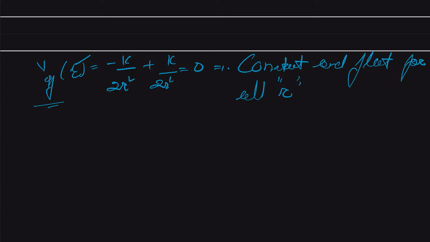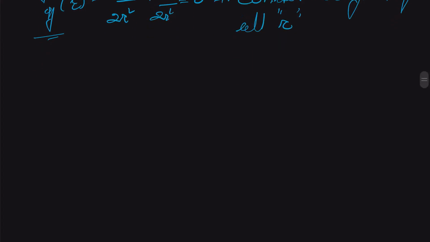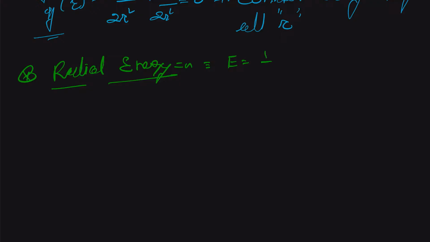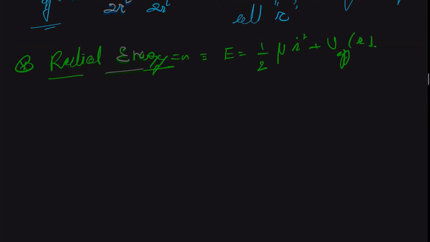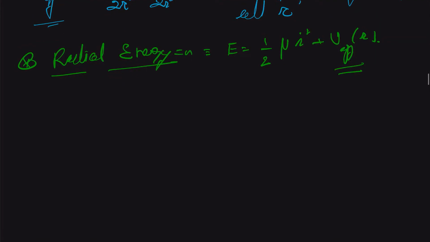Now we can use our radial energy equation. The radial energy equation is E equal to half mu r single dot square plus V effective at a distance of r. And as we said, our V effective is equal to 0.